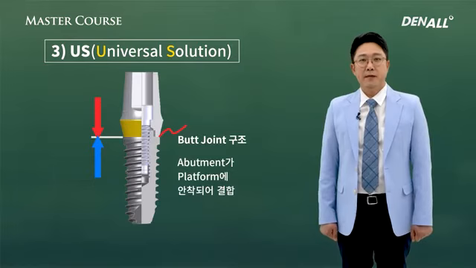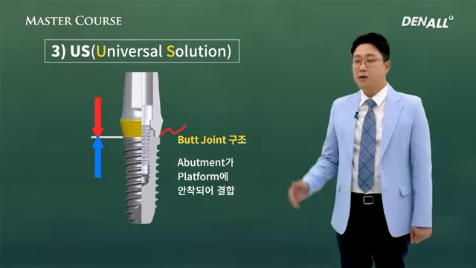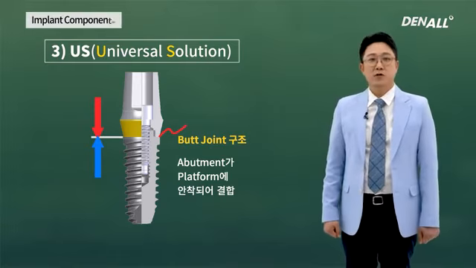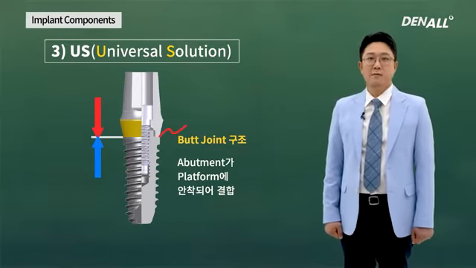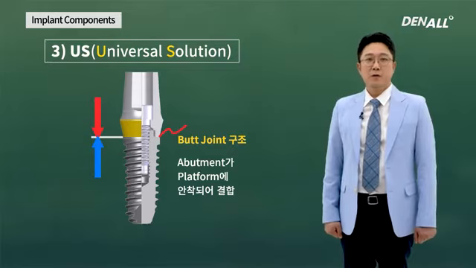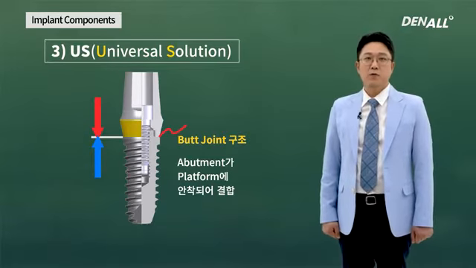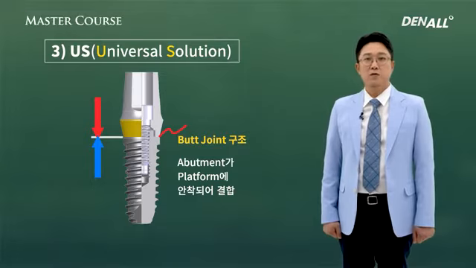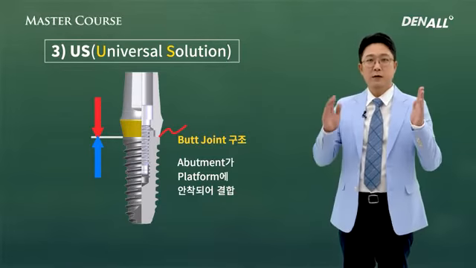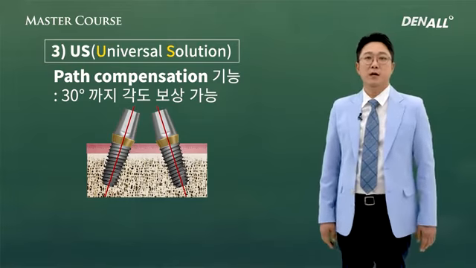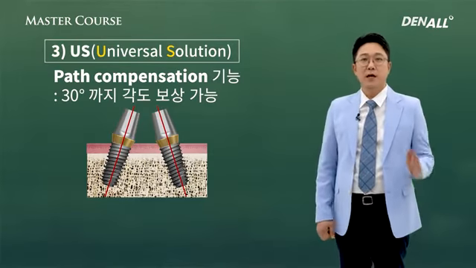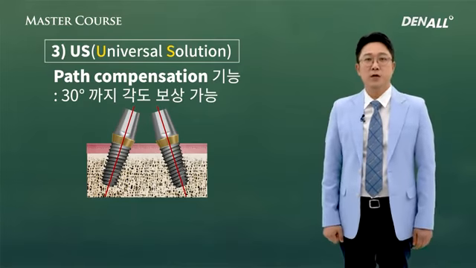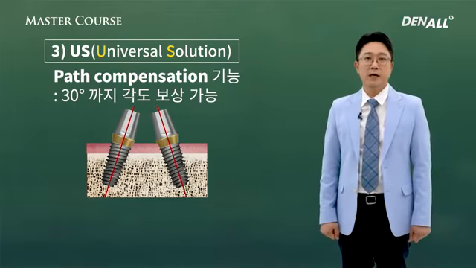A fixture and abutment is connected as butt joint structure, so abutment is not vertically impacted. Abutment fixture is connected externally, so compared with internal connection, in prosthesis like splints, if the path is slightly tilted, you can compensate for that, and it has that kind of advantages.